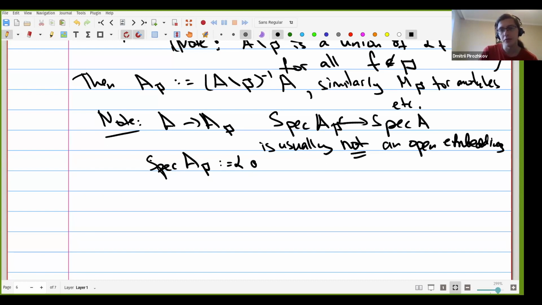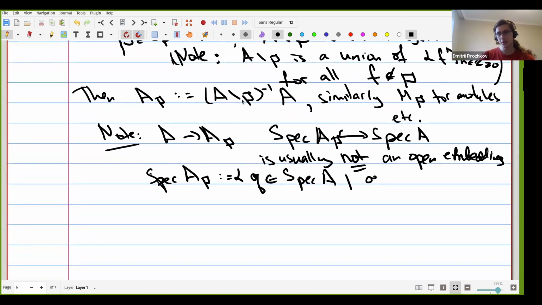So this is the set of prime ideals Q in spec A such that, by definition, they do not intersect our multiplicative system, which is the complement to P in A. If Q does not intersect the complement of P, this means that Q is contained inside the prime ideal P. So this is still a subset of the spectrum of A, but it will not usually be open.